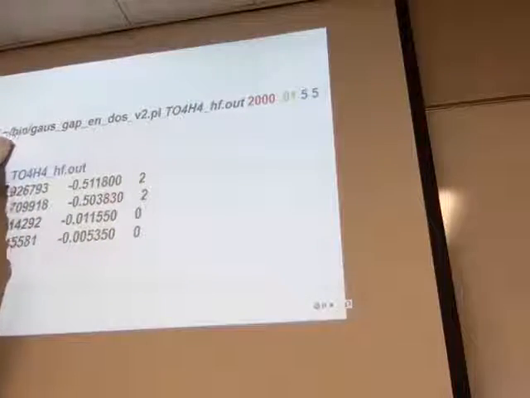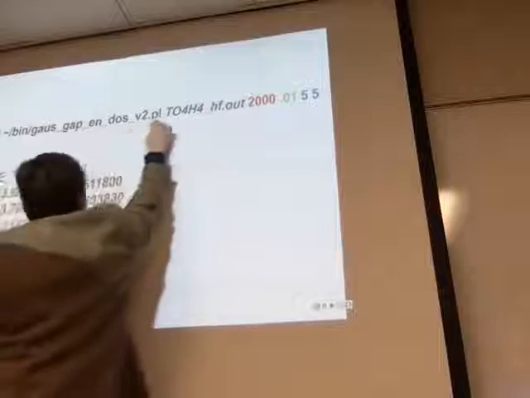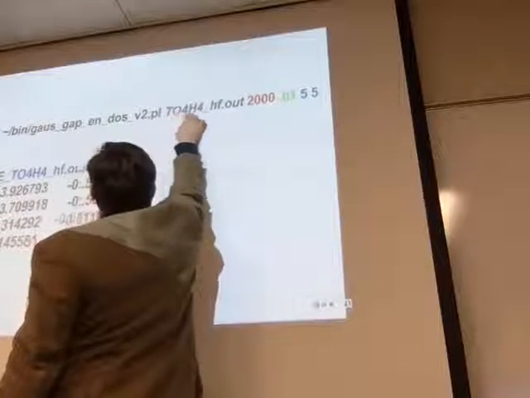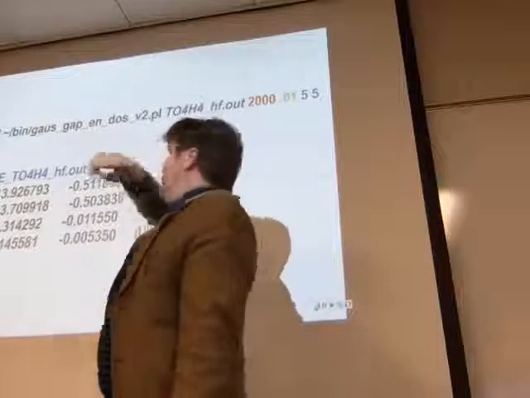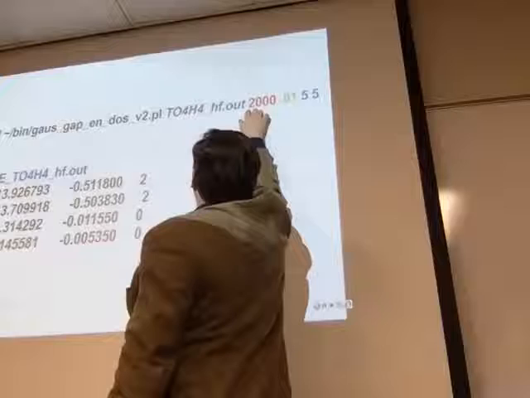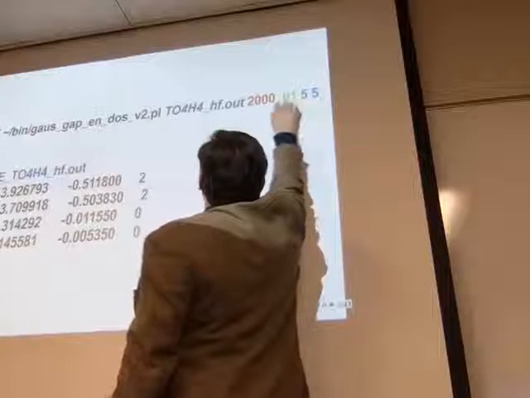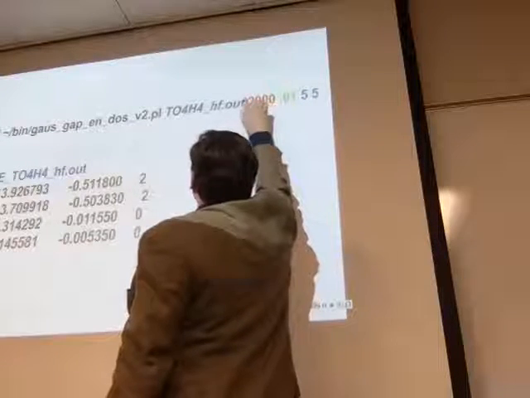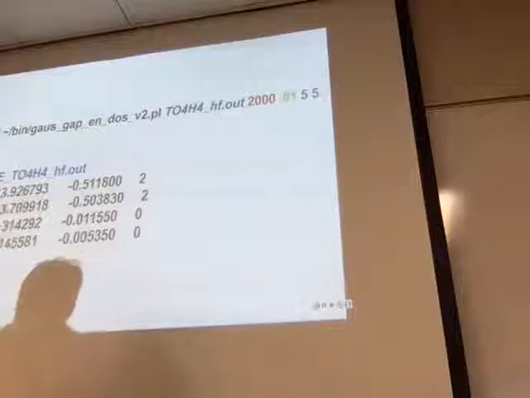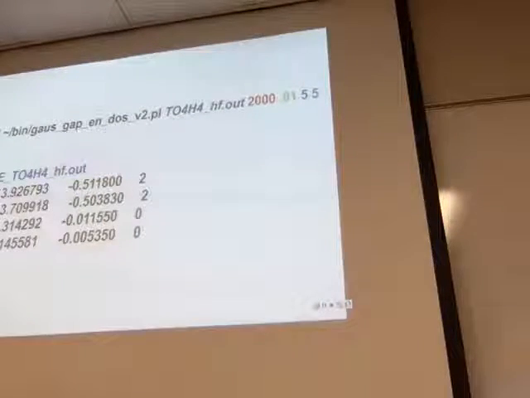Here there is an empty spot after the tilde, and here is an empty spot between the name of the script and the name of your out file. So type your out file, then put again an empty spot and, separated by empty spots, 4 numbers, 4 keywords that I'm going to discuss.